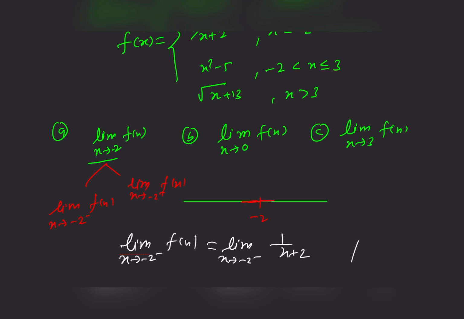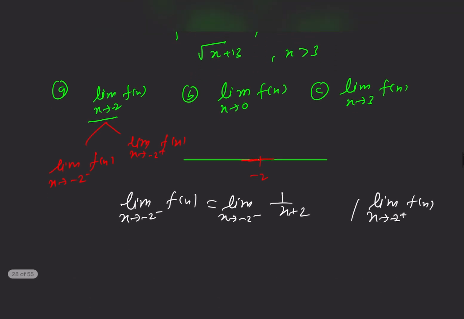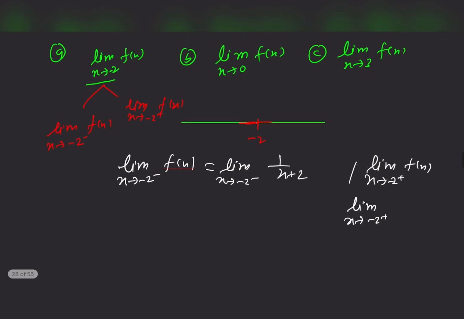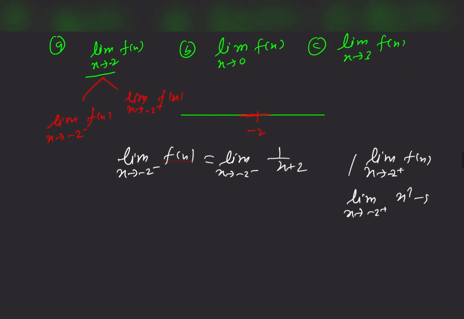And when x tends to minus 2 plus of f of x, then we have to consider this function, x square minus 5. So here f of x is x square minus 5, and we'll write down here x square minus 5.